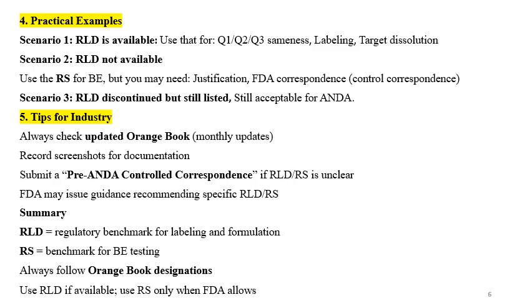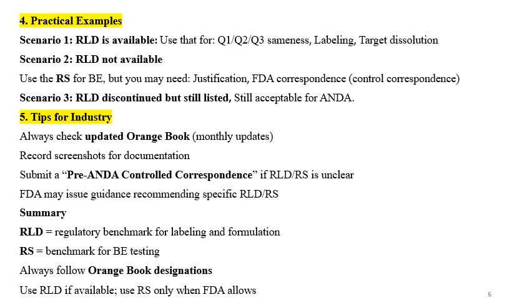Then some tips are there. So always check the updated Orange Book. It gets updated on a regular basis. Record the screenshots for the documentation and you will have the ready reference. Submit pre-ANDA controlled correspondence if RLD RS is unclear. You can ask FDA through control correspondence and they can guide you.